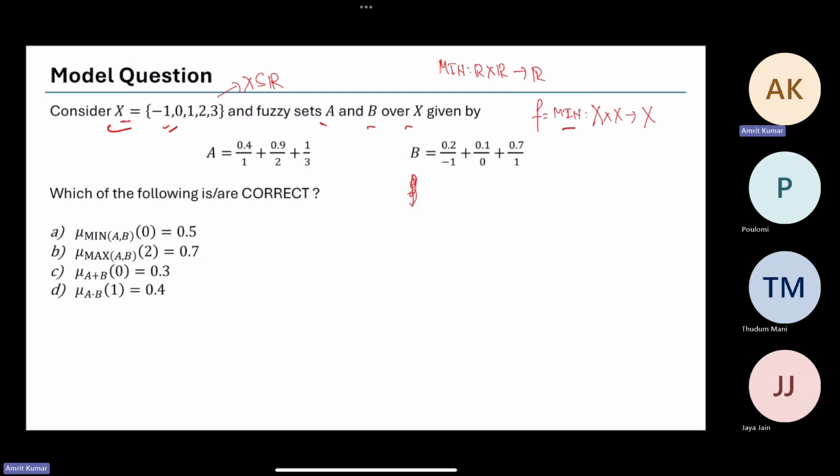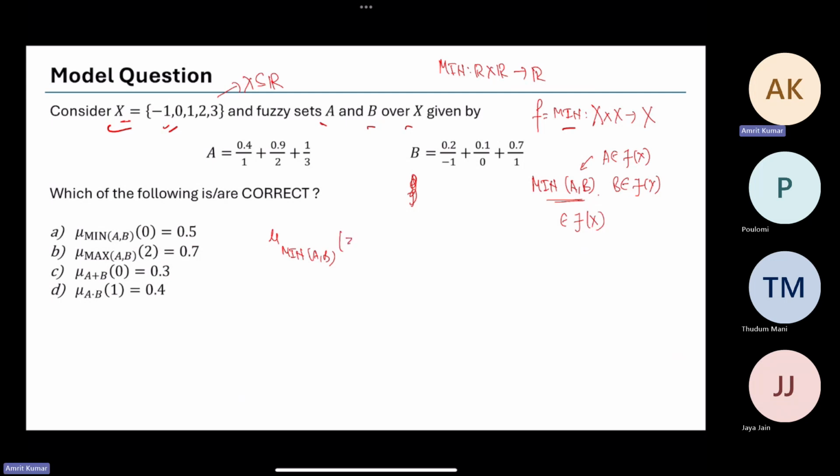And we are interested in minimum of A comma B. Okay. So A is a fuzzy set over X and B is also a fuzzy set over X. So this f of A comma B is also going to be a fuzzy set over X.